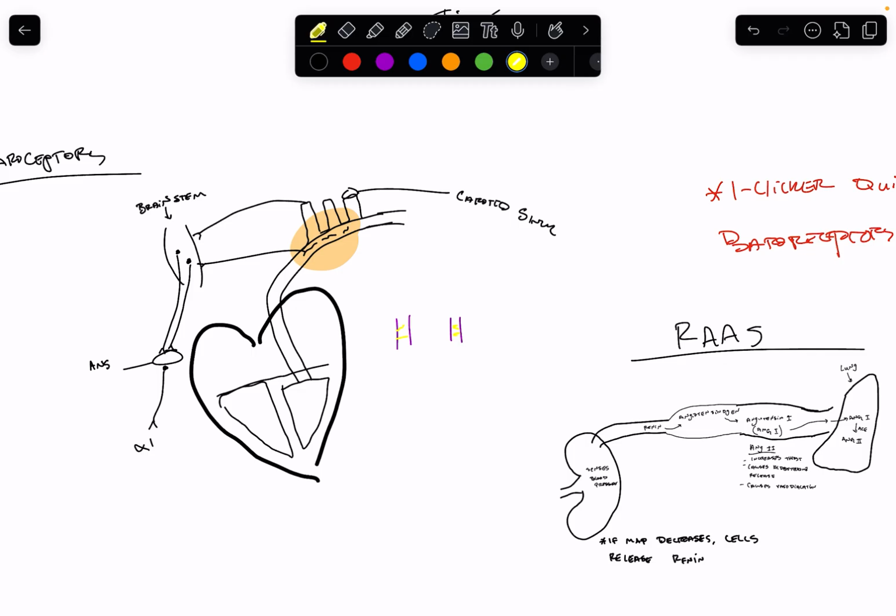And so it tells the brain the blood pressure that exists in the aorta or in the carotid arteries, and the brain responds by increasing or decreasing cardiac output. So it sends signals back to the effector organ, which is the heart, and tells it to increase or decrease cardiac output depending on the current state of blood pressure.